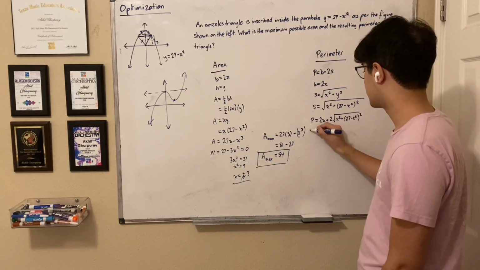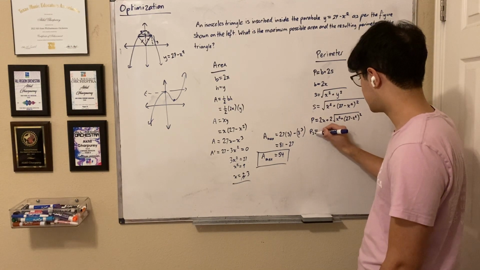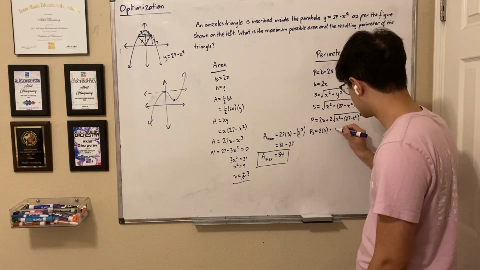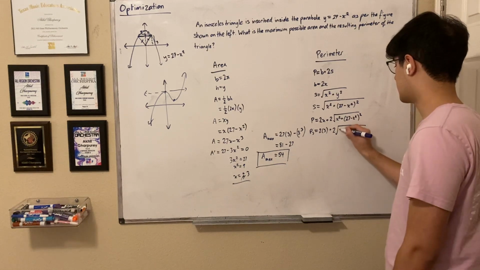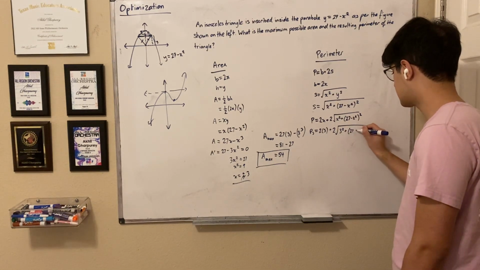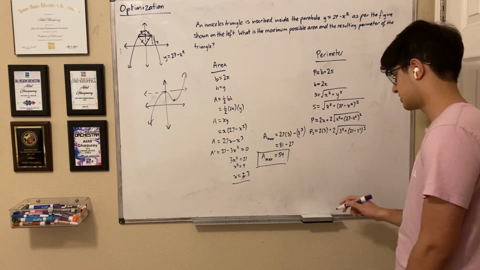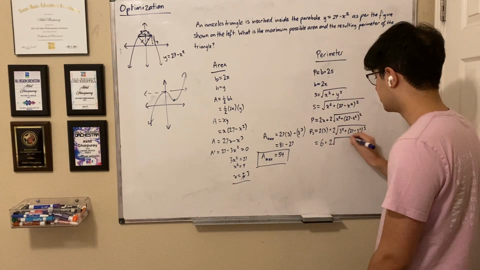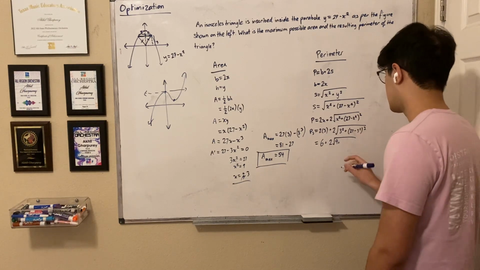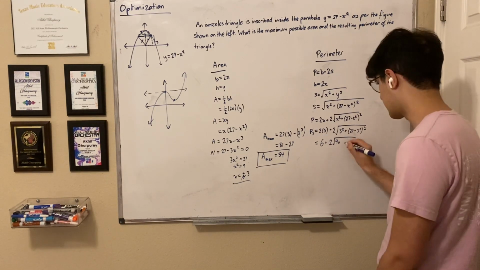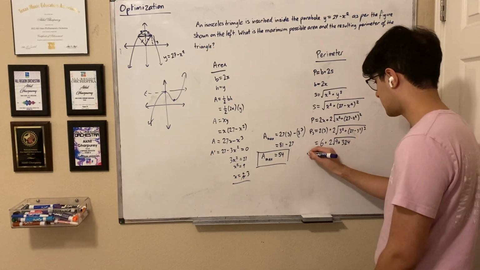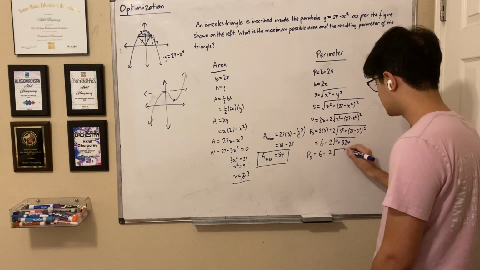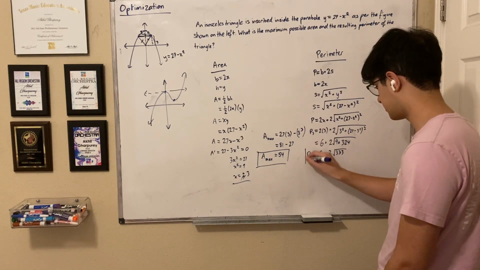So the resulting perimeter, I'll call this P3, is going to be 2 times 3 plus 2 times the square root of 3 squared plus 27 minus 3 squared, all that squared. So this is going to be 6 plus 2 root 9 plus 324, which is 18 squared. And then we get that P is going to be equal to 6 plus 2 root 333.